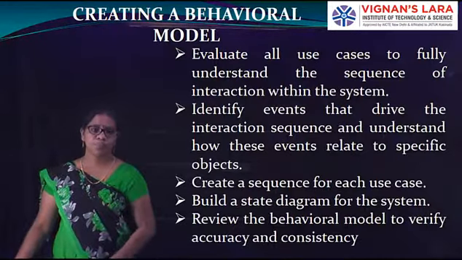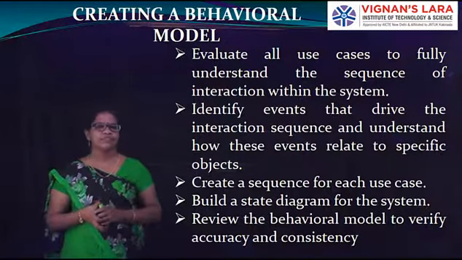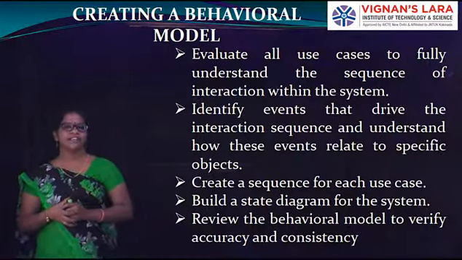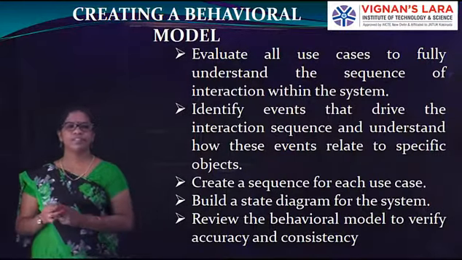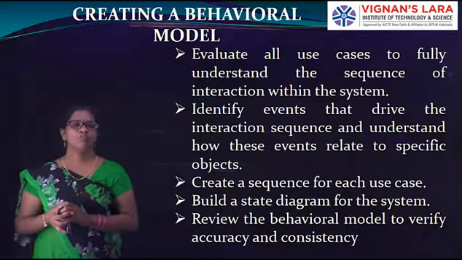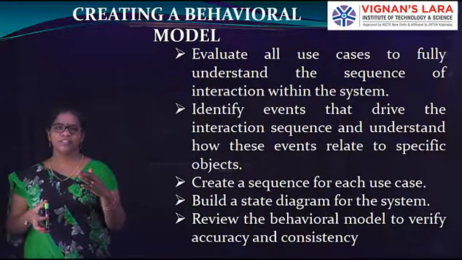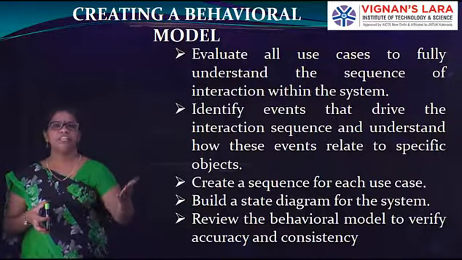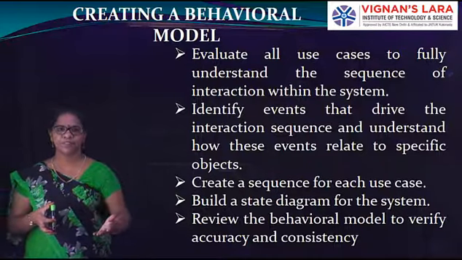Let us go. First one, evaluate all use cases to fully understand the sequence of interaction with the system. So firstly, we have to go for the use case. Behavior is nothing but an external event, and external events are mainly caused by humans.